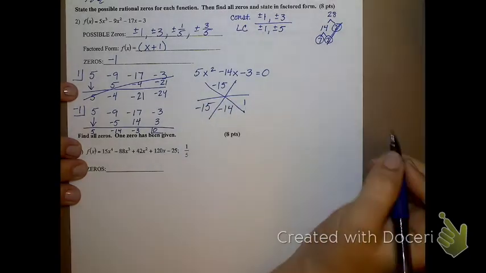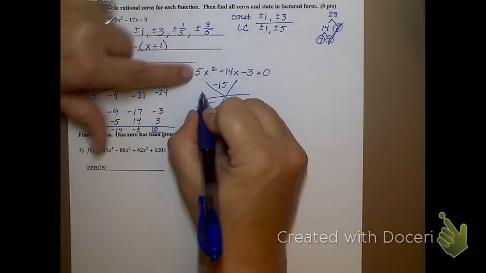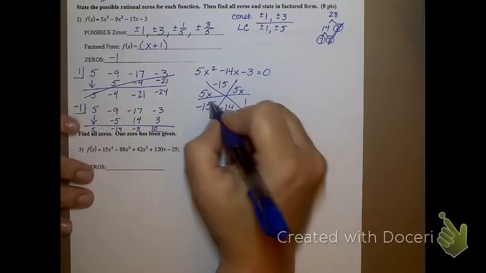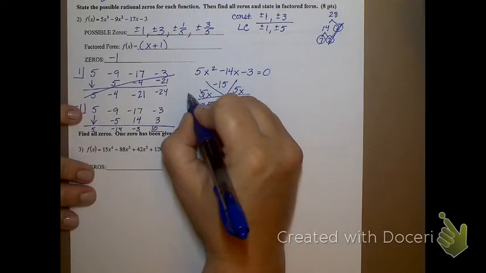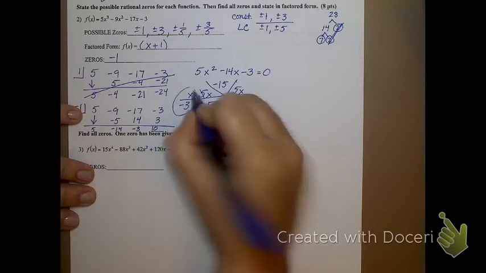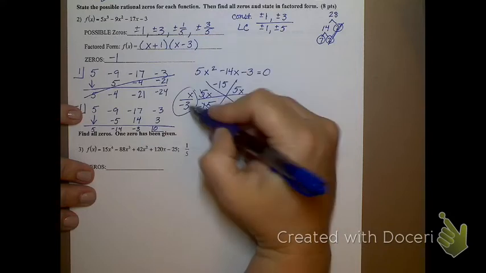Negative 15 and positive 1. What goes on the top? 5x and 5x. This one reduces to x over negative 3. So what is that in parentheses? X minus 3. Don't change the sign there.